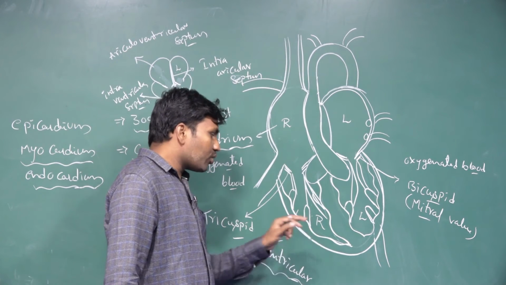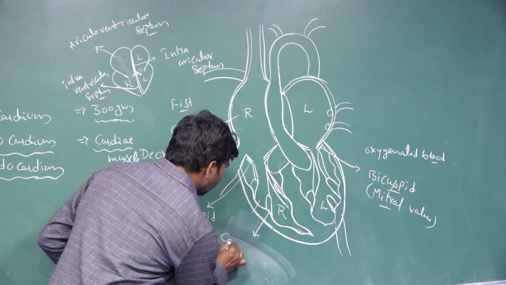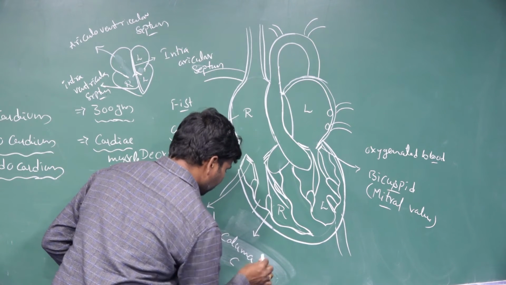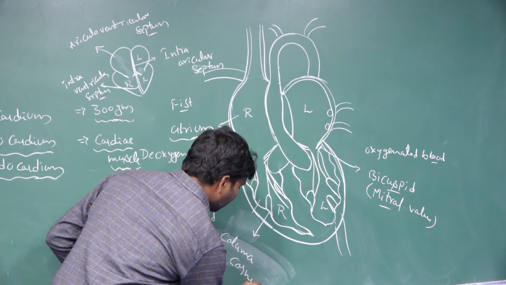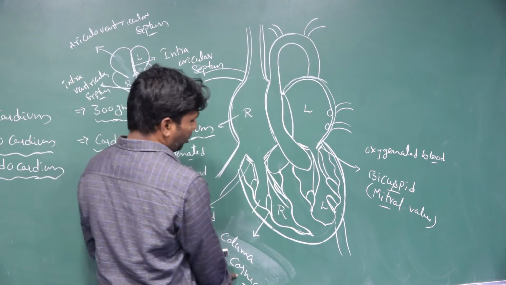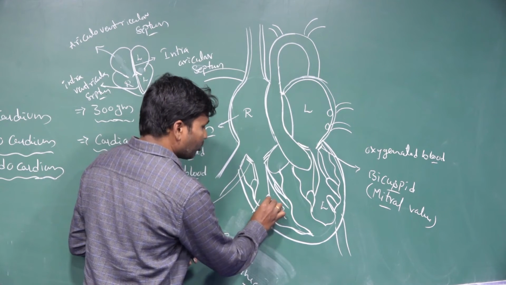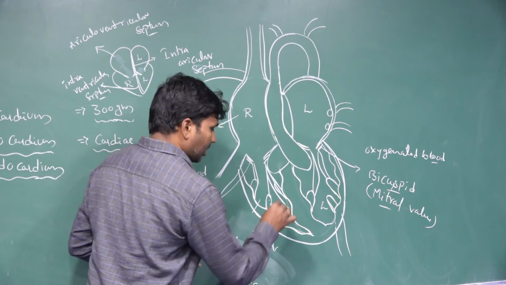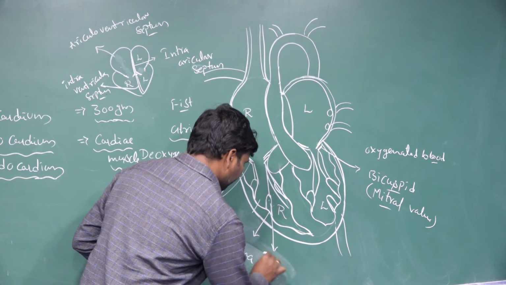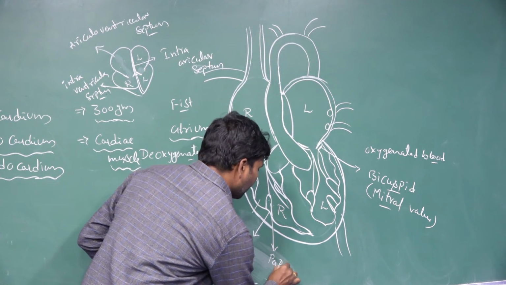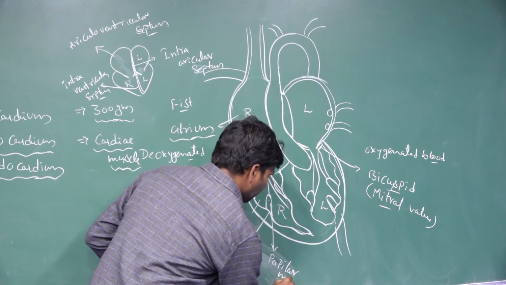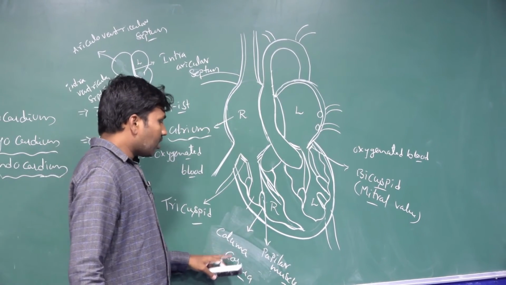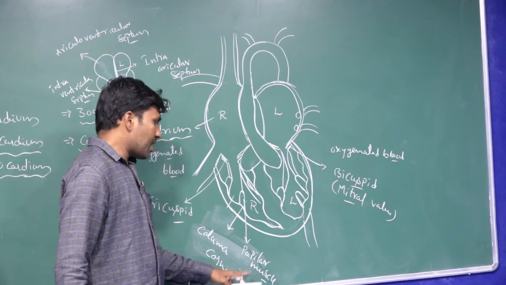These myocardial projections are called columnae carneae. The columnae carneae extend to form pillar-like structures called papillary muscles.